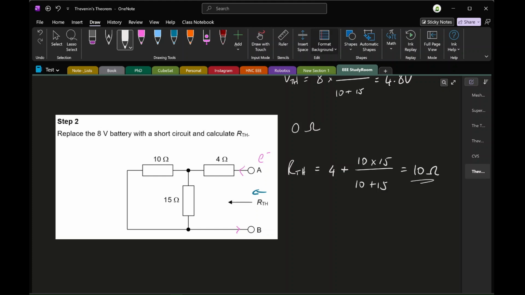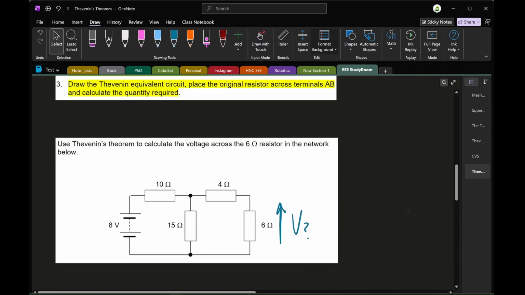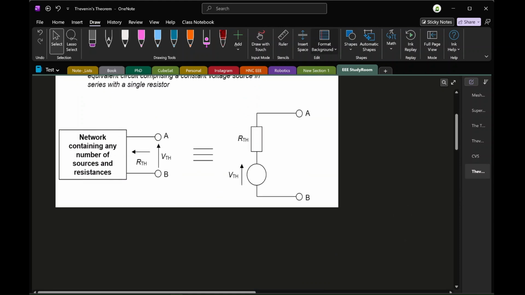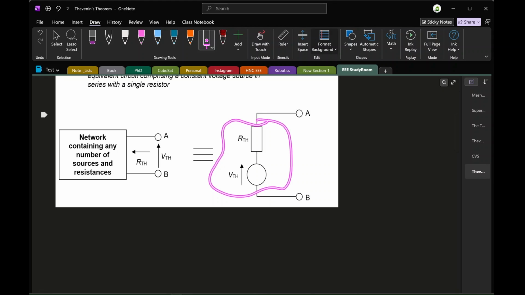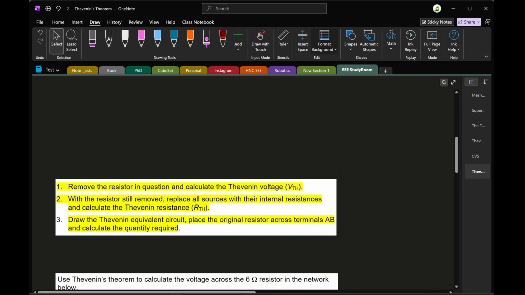So now we have the Thevenin voltage, 4.8 volts, and the Thevenin resistance equal to 10 ohms. Have we done everything we need to do at this moment in time? Yes, for now at least. We have built up an understanding of VTH and RTH.